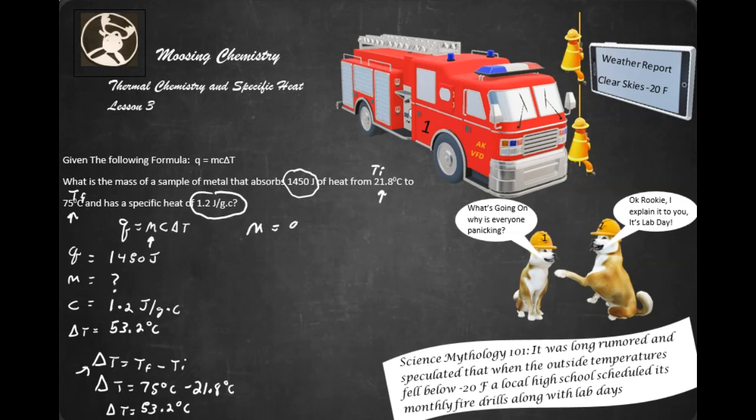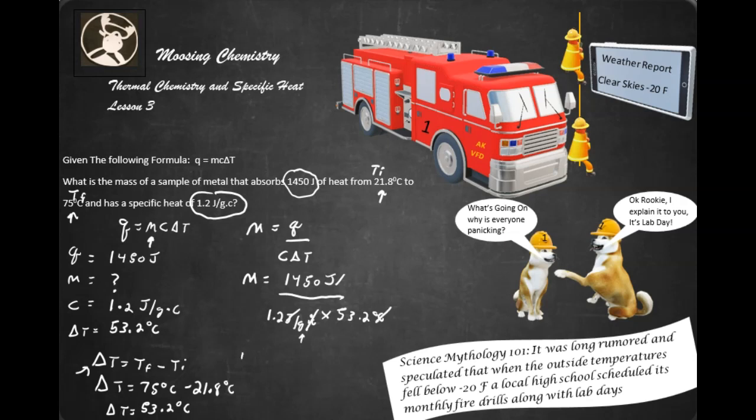So that is m equals Q over c delta T. Okay, anyway, so we get our energy, which is 1,450 joules, put that on top over our specific heat, which is 1.2 joules over grams times Celsius, times our change in temperature, delta T, which is 53.2 degrees C. So the C's cancel out, right? We cancel all the common units, and our joules will cancel out, leaving only our gram unit left.